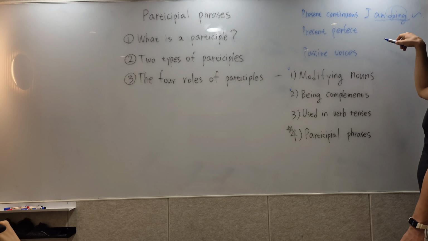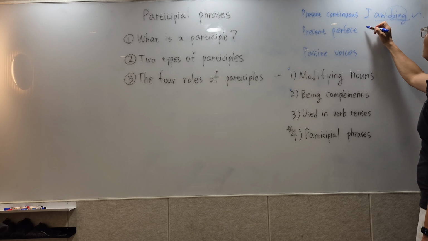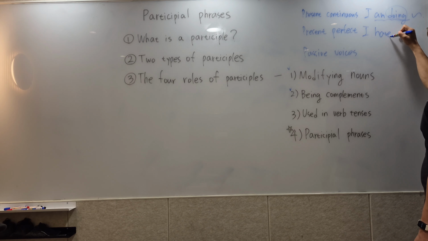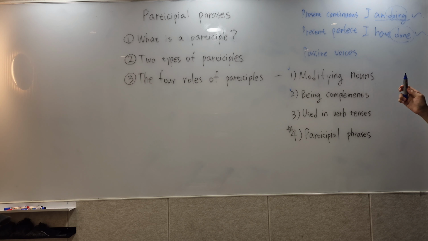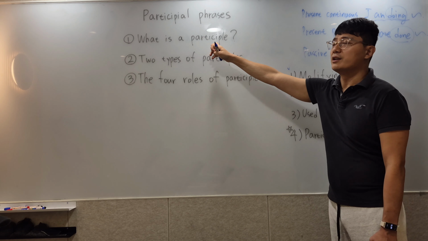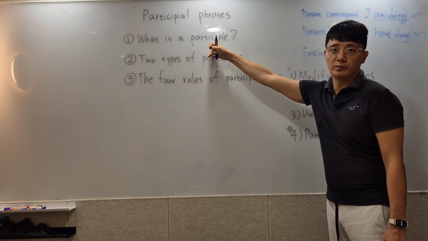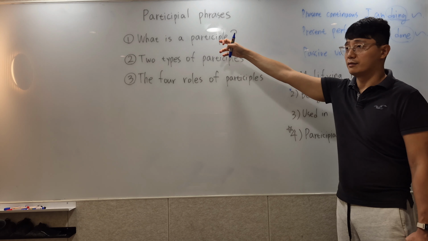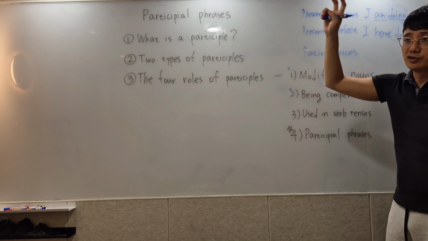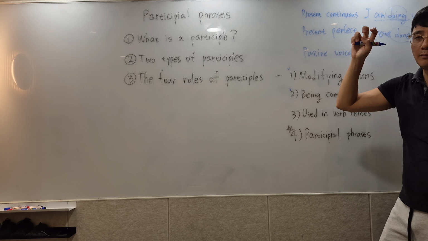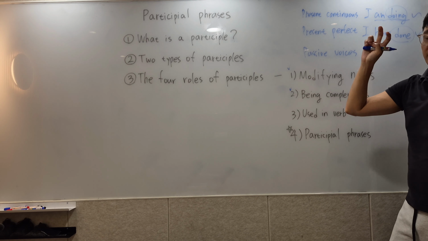And the second one, I have done it. Here, the past participle is used. In the first one, the present participle is used. When I was mentioning this, what is a participle? I said it is a verb form used as an adjective or as part of a verb tense.